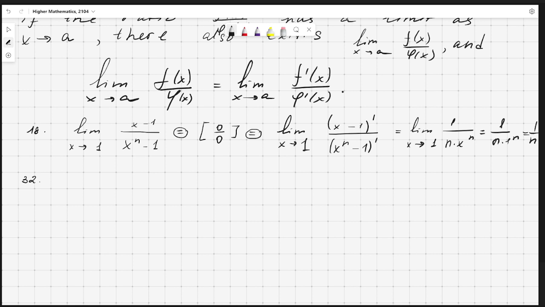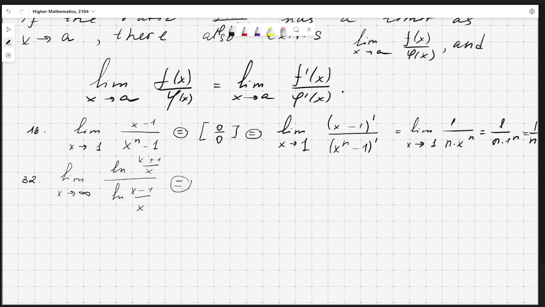We must again find limit as x approaches infinity of natural logarithm of x plus 1 over x over natural logarithm of x minus 1 over x.